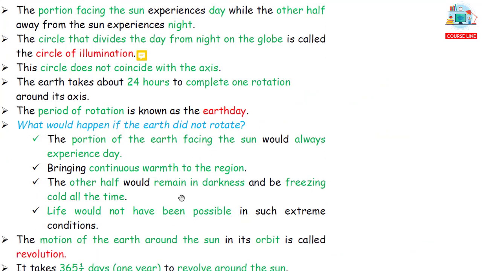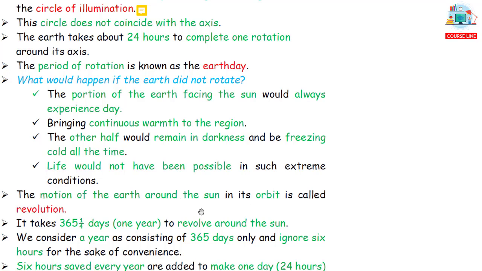ठीक है, चलिए देख लिया हमने इसका। अब आगे देखते हैं। Now we will discuss the second type of motion of the earth, and that is revolution. Revolution हमने देखा था, revolution was nothing but the motion of the earth around the sun in its orbit.